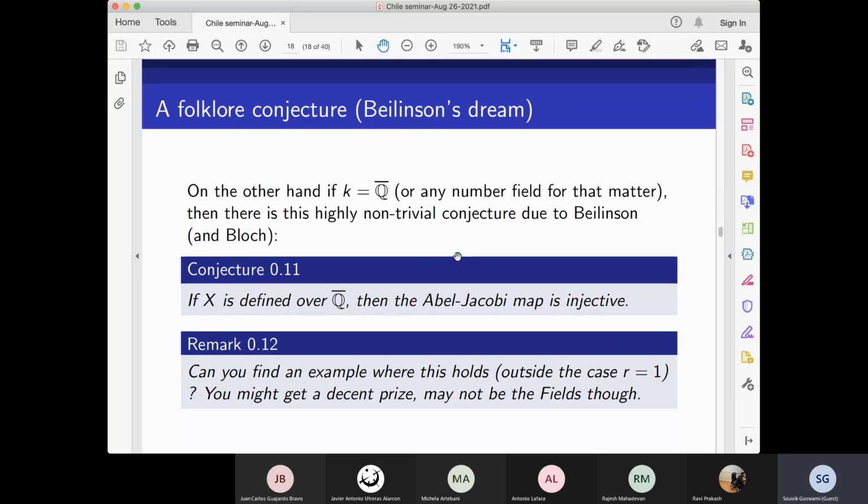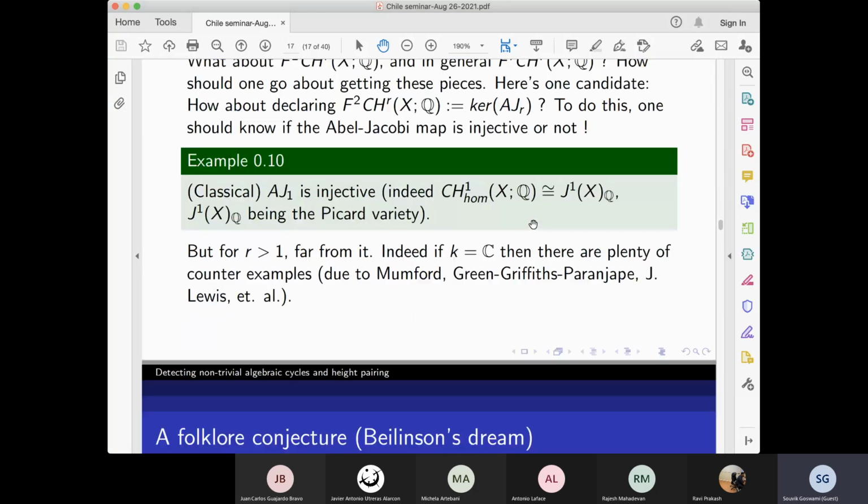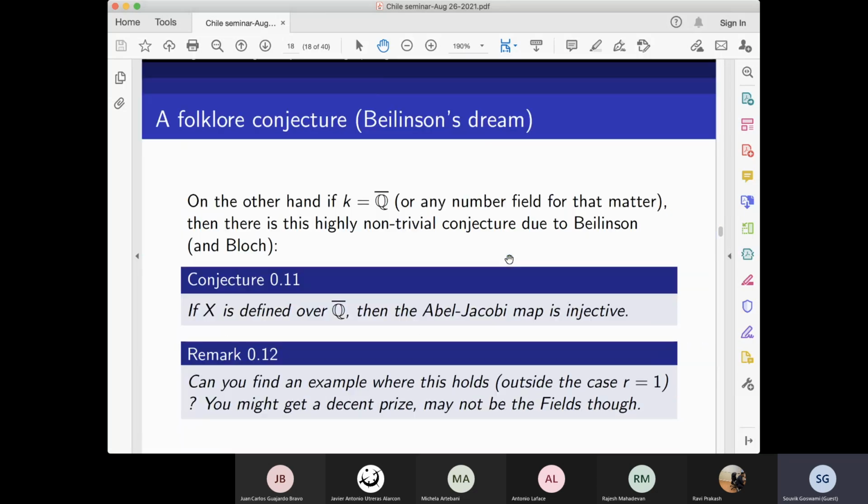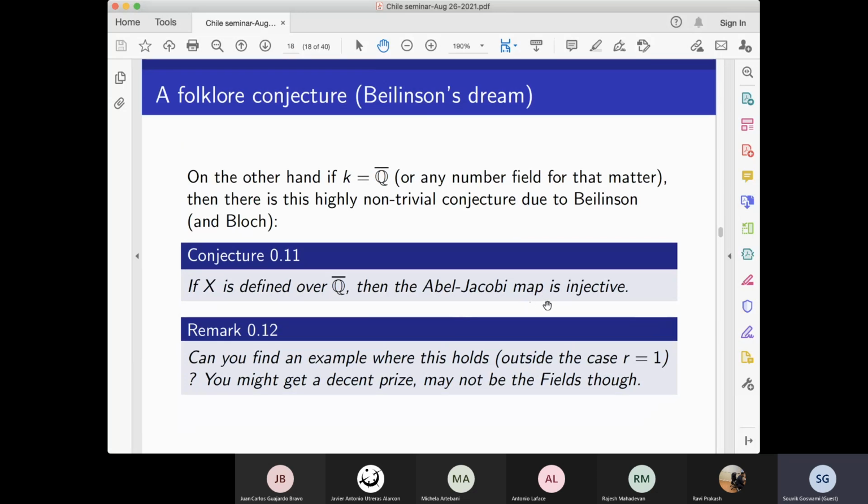The wish is that if you go to the other spectrum, instead of the complex numbers, you take a number field. Then is the Abel-Jacobi map injective? So that's the conjecture: if X is defined over Q-bar, the field of algebraic numbers, or just take a number field for that matter, then the Abel-Jacobi map is injective.